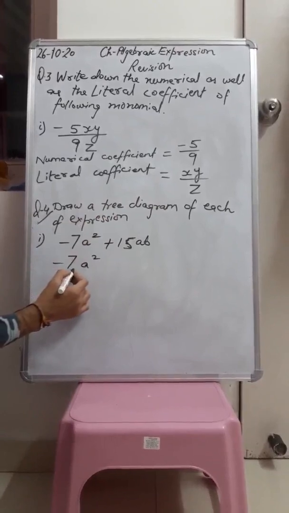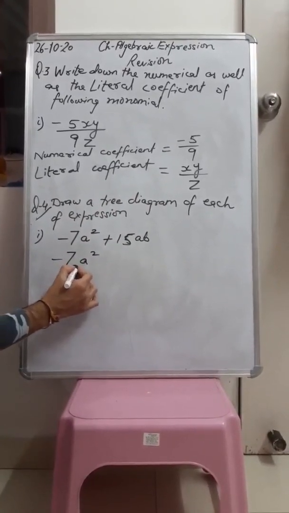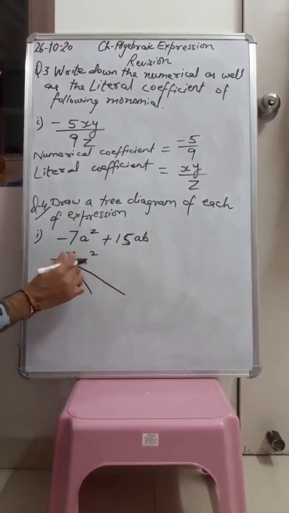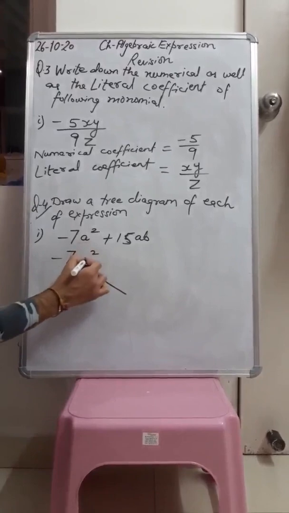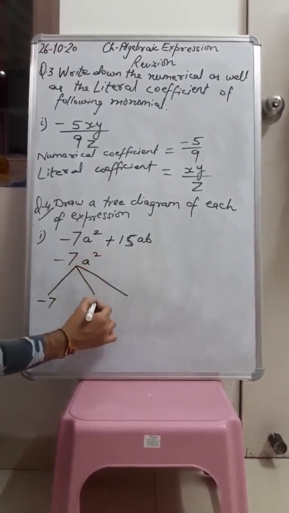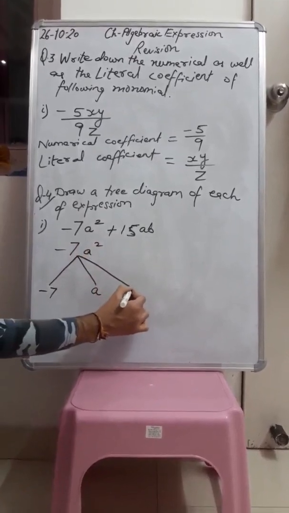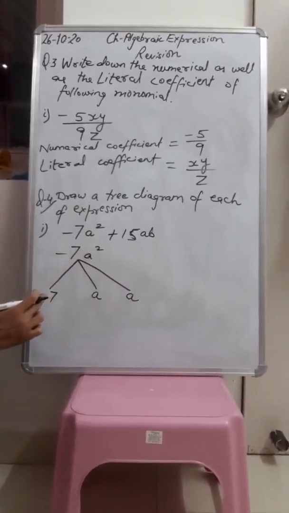In a tree diagram we write the factors. The factors of this term are minus 7 and a to the power 2, that is a square. A square means a is multiplied 2 times. A into a gives you a square, and the third factor will be minus 7.